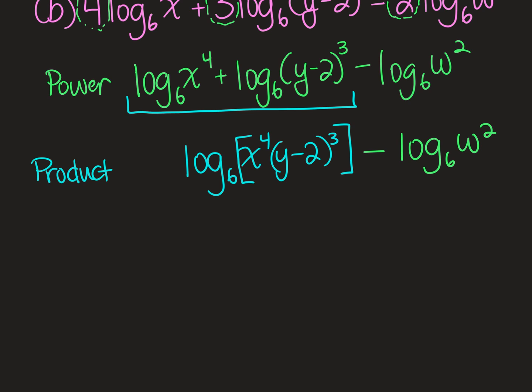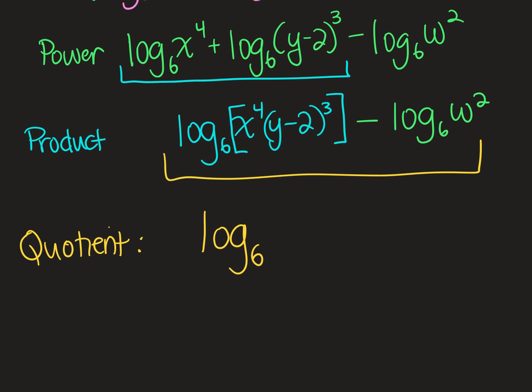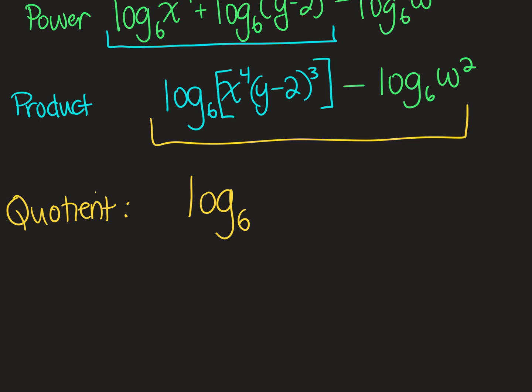Well, now I have 2 logarithms, right? I have a log base 6 and a log base 6. That's just 2 logarithms. I can combine those. I notice that in between the 2 logarithms, there is a subtraction sign. That means I'm going to have to use the quotient property here to combine them. Now, my quotient property says I can take 2 logarithms with the same base and rewrite them as a single logarithm with the same base as the original 2. So log base 6 of, and now we're going to end up with a fraction here.